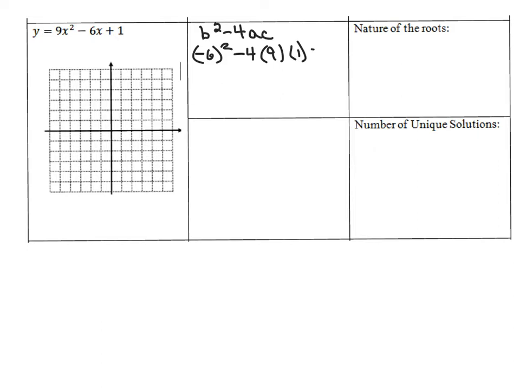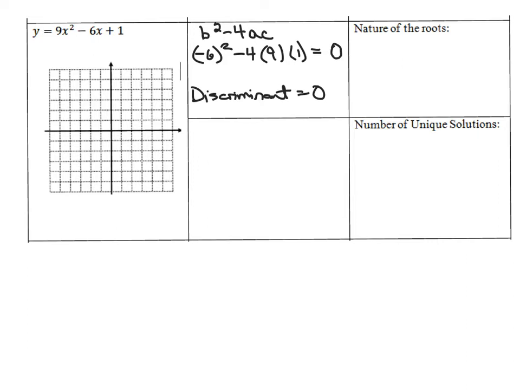And when I do this, I see 36 minus 36 giving me an answer of 0. So in this case, I see that my discriminant is equal to 0. That's going to be significant for us when we're describing the nature of the roots.